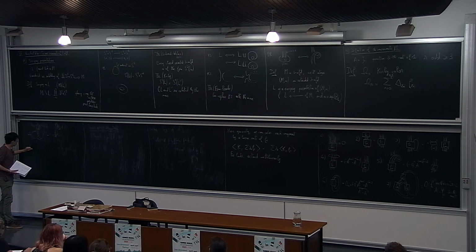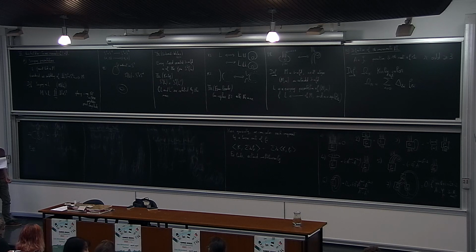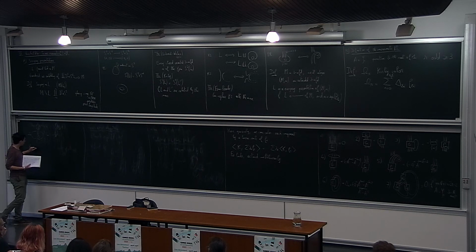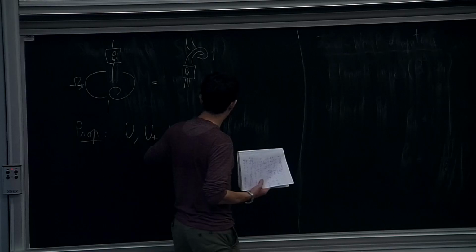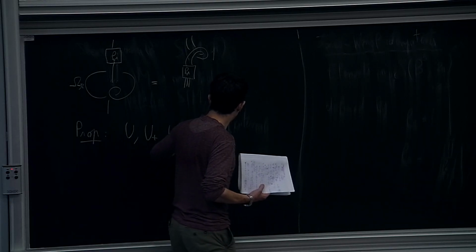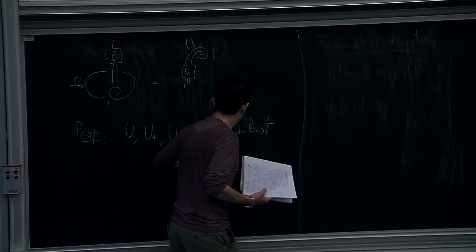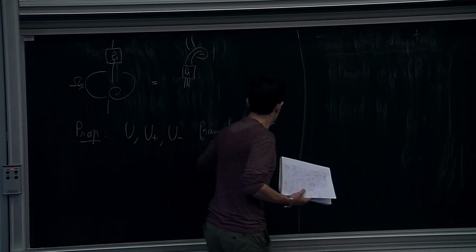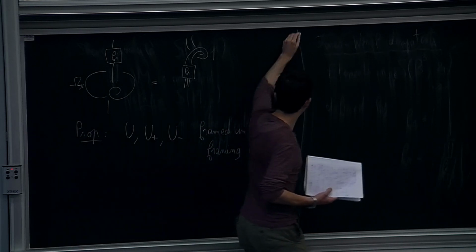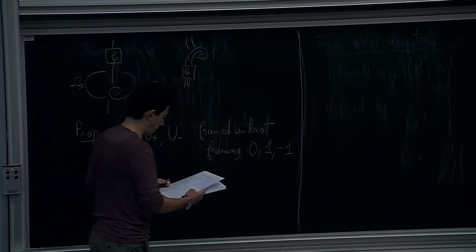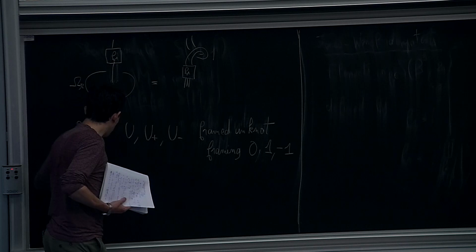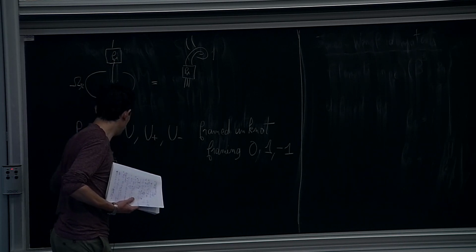And for this, you can do another computation, which is, what's happening for a knot colored by omega r. So I will write u plus, u zero and u minus for the framed unknot with framing respectively 1, 0, or minus 1. And I claim that I have the following formulas.